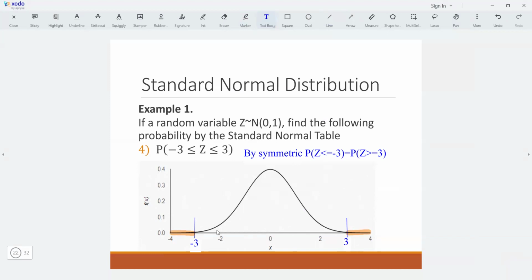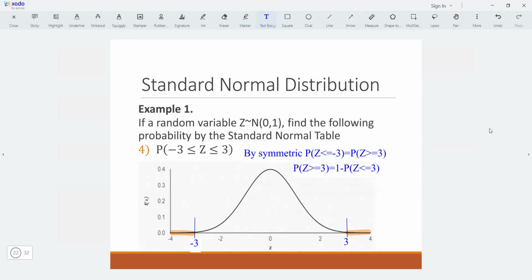The area under this bell-shaped graph is 1 because the probability of everything is 1. And then if we want to find the right tail, we can use 1 minus the probability that the random variable is smaller or equal to 3. So here, the probability that Z is greater or equal to 3 equals 1 minus the probability that Z is smaller or equal to 3.